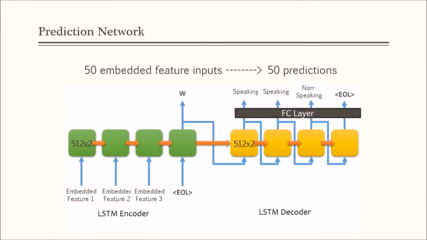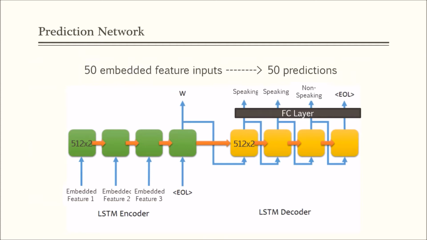For the prediction network, given each 10-frame clip, we concatenate both the visual and audio embedding to form a composite feature as the input of the prediction network. We design the prediction network based on a sequence-to-sequence model, including an encoder and a decoder.